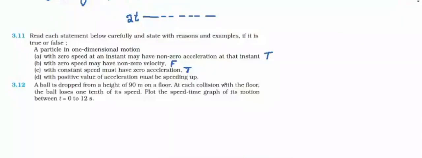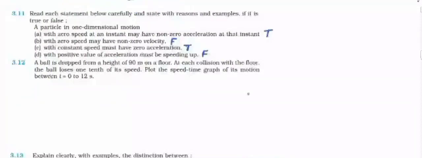But you see, value of acceleration we have taken positive, but its speed decreases, just opposite to this statement. So it depends on the axis, whether you have taken downward positive axis or you have taken upward positive axis, and it depends on the point where you fix the origin at x equal to 0, t equal to 0, etc. So we cannot say generally it is applicable. It depends on the axis. Therefore, the statement is taken as false.